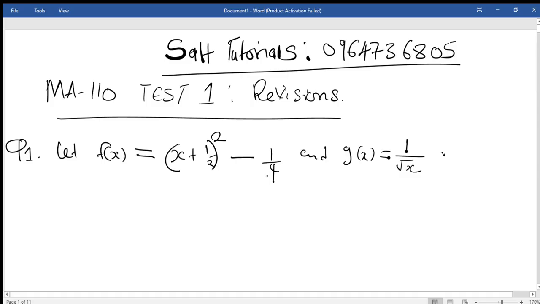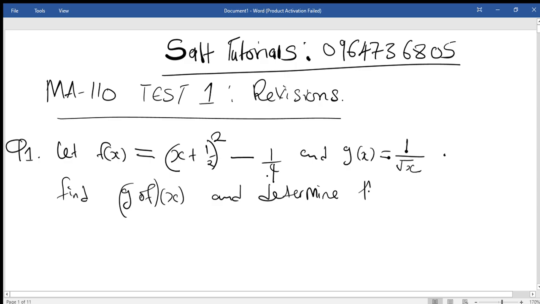In this question you are being told to find g of f of x and also determine the domain of the function. This is the first question we're going to start with.